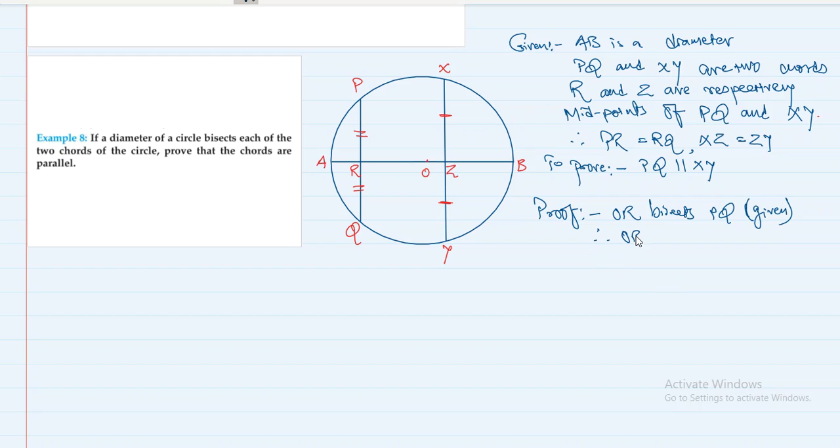Therefore, we can say that OR is perpendicular to PQ. What is the reason?